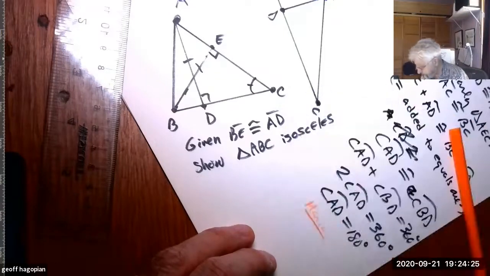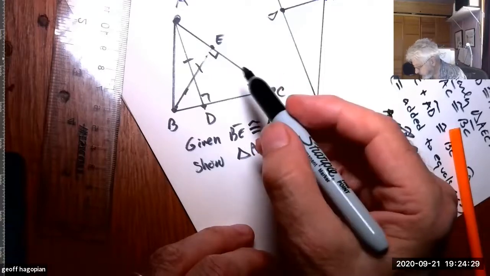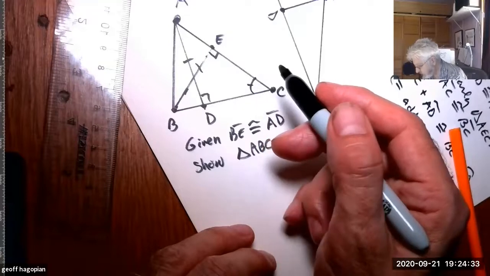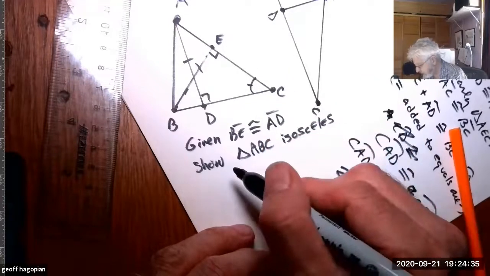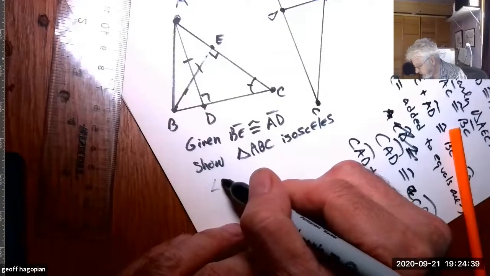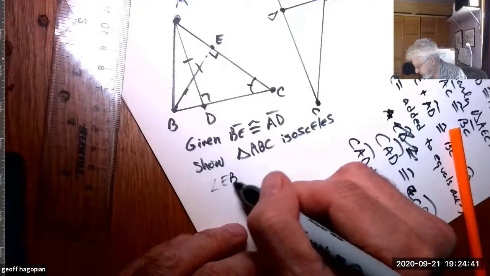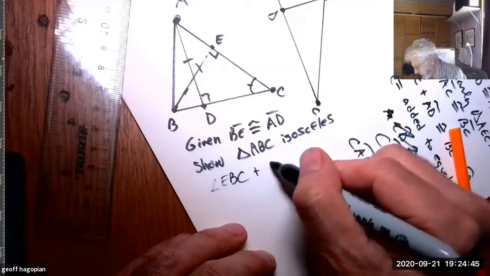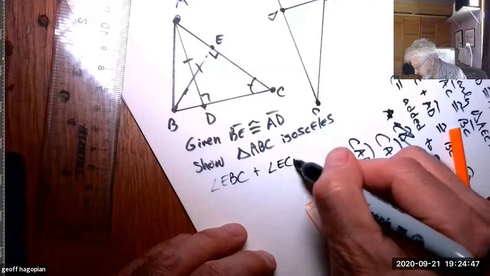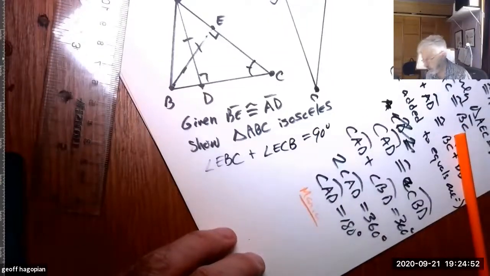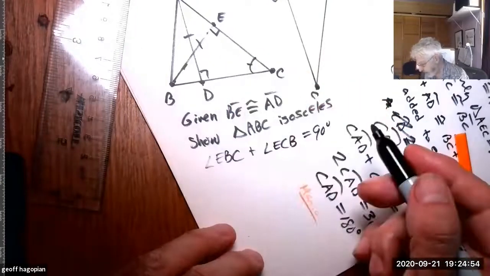Well, so yeah, so we know that angle EBC plus angle ECB is equal to 90 degrees because the sum of the interior angles is 180 and we already have 90, right?